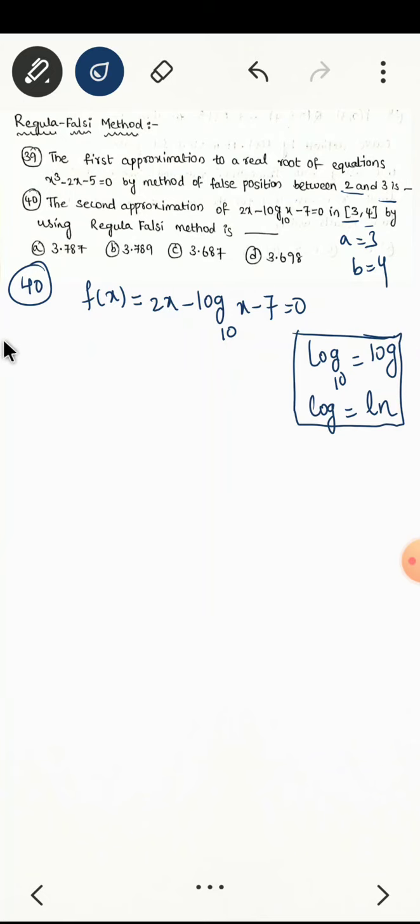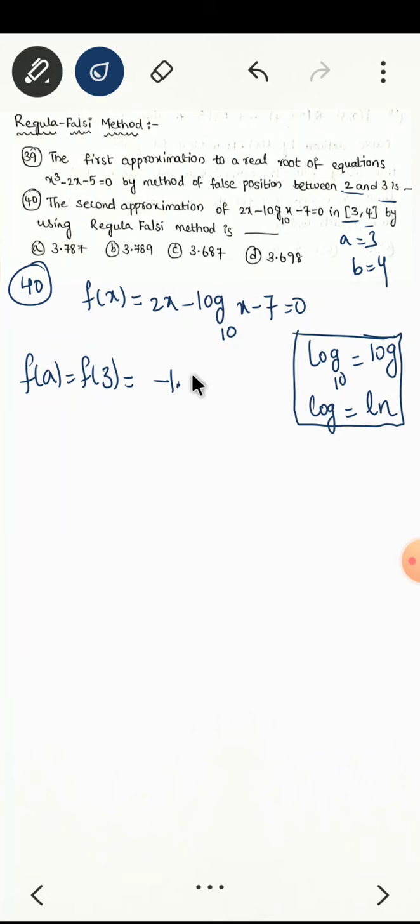Okay, then come on, find out f of a now. f of a is equal to f of 3 is equal to 2 into 3 minus log base 10 of 3 minus 7. How much value are you getting? Tell me fast. You might be getting minus 1.477. Is it?